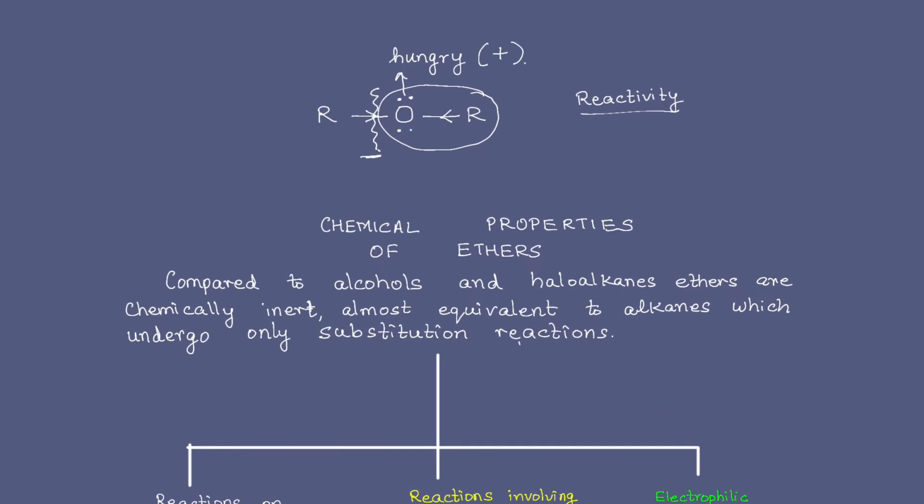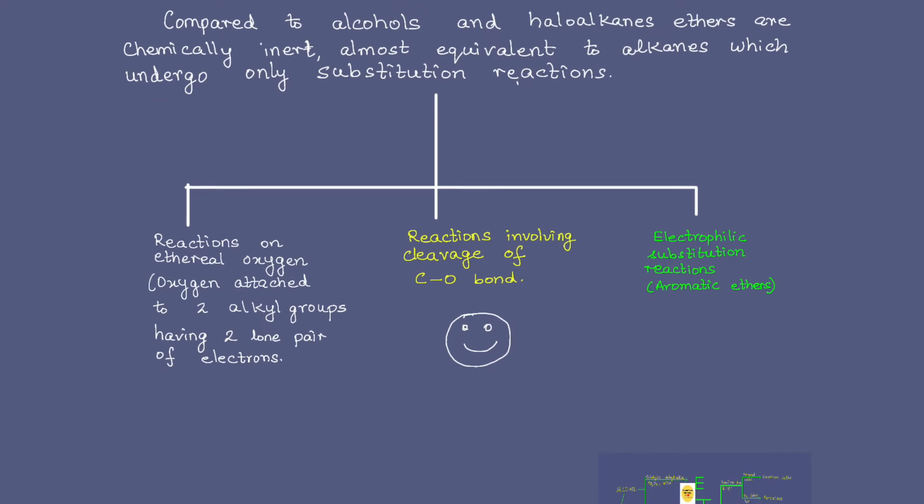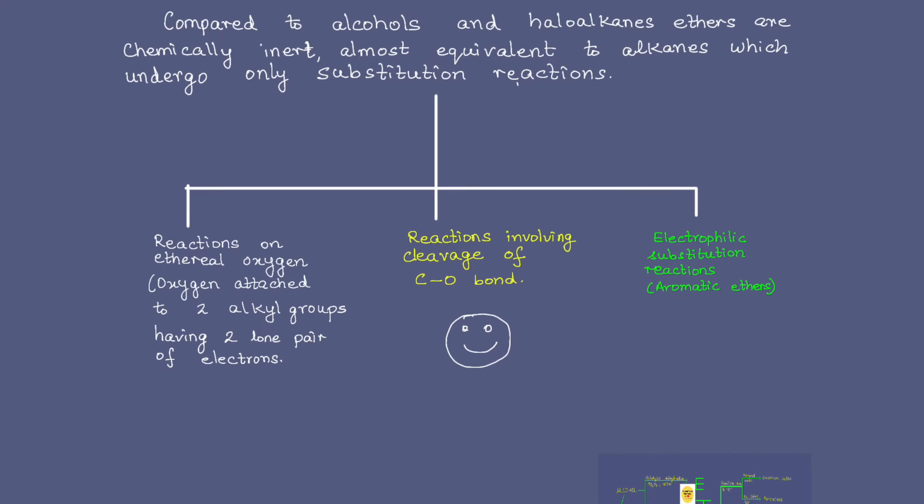And the easiest species that we can find is a proton, H positive. So the second set of reactions that we will be talking about are the reactions on the ethereal oxygen, the oxygen with two lone pair of electrons on it.